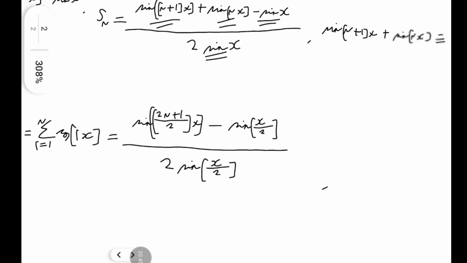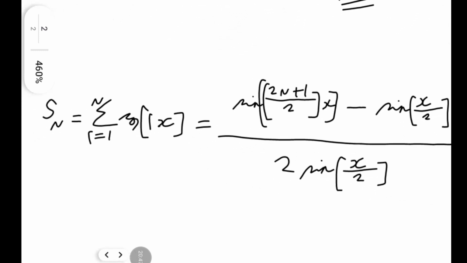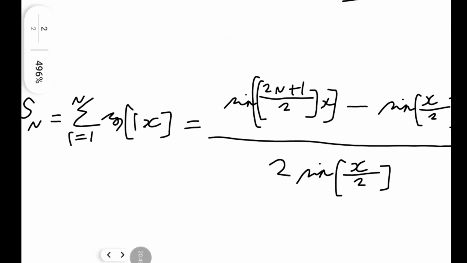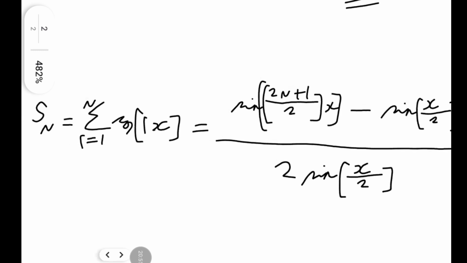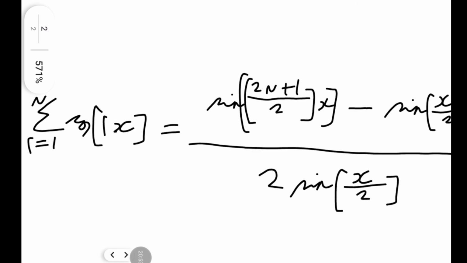Yeah, and that is the final form. As you can see there, the sum from 1 to n of cosine of rx is equal to this. This is the final format we have it in.